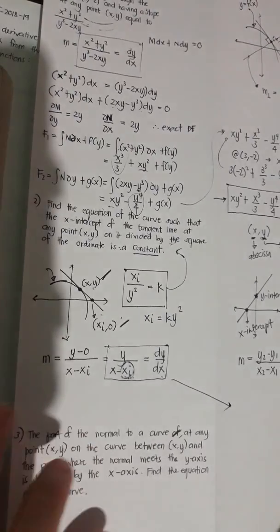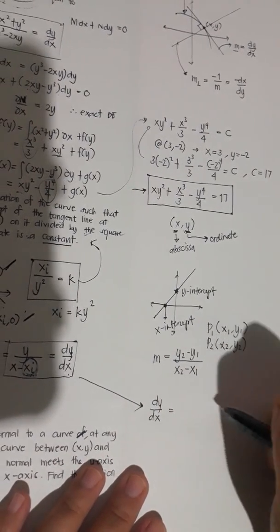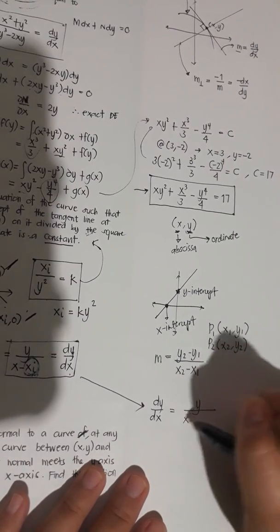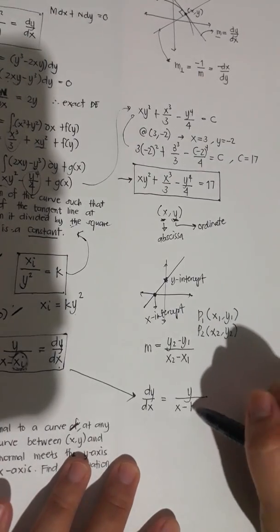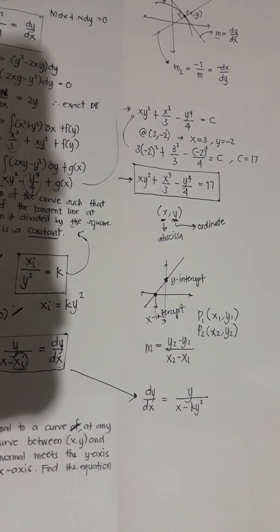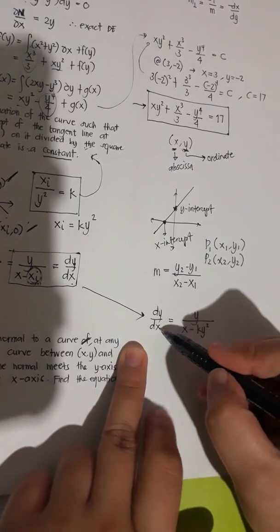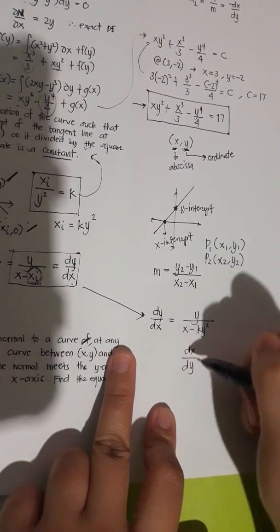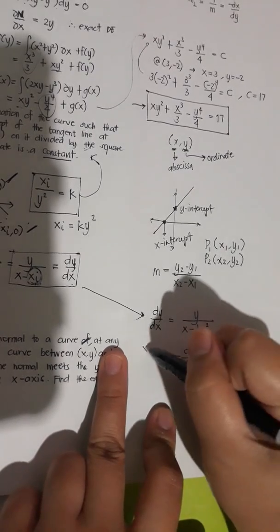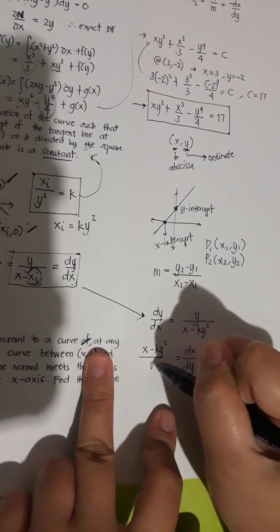So we now have a new equation: dy over dx equals y over x minus xi, which is k y squared. Now what I can see here is that if we try to have dx over dy, that would be equal to x minus k y squared all over y.